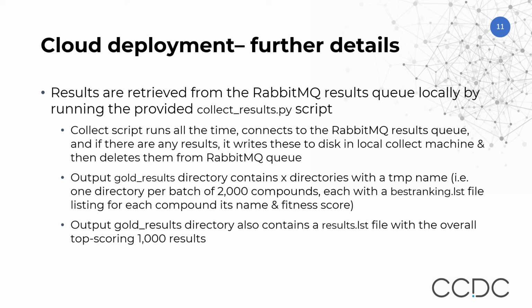And that's the result of having min out write option. The gold results directory also contains results list file that contains the overall top scoring results, the compound name, and associated fitness score. This 1000 value is customizable in collectResults.py script.